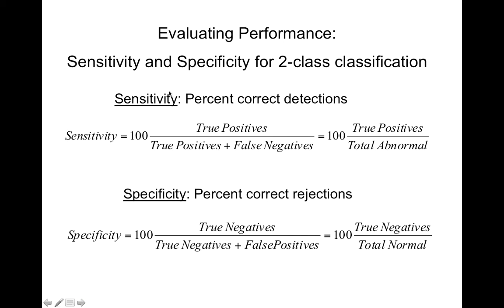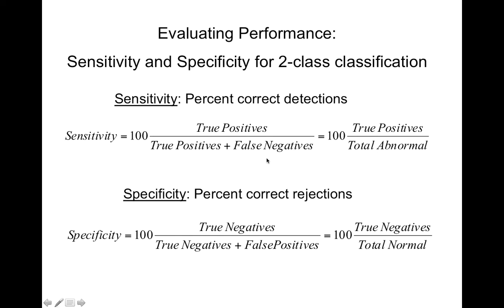So there are 2 key measures for a 2-class classification scheme: sensitivity and specificity. A true positive would mean that you predict something will be in a certain class, and it is in fact in that class.